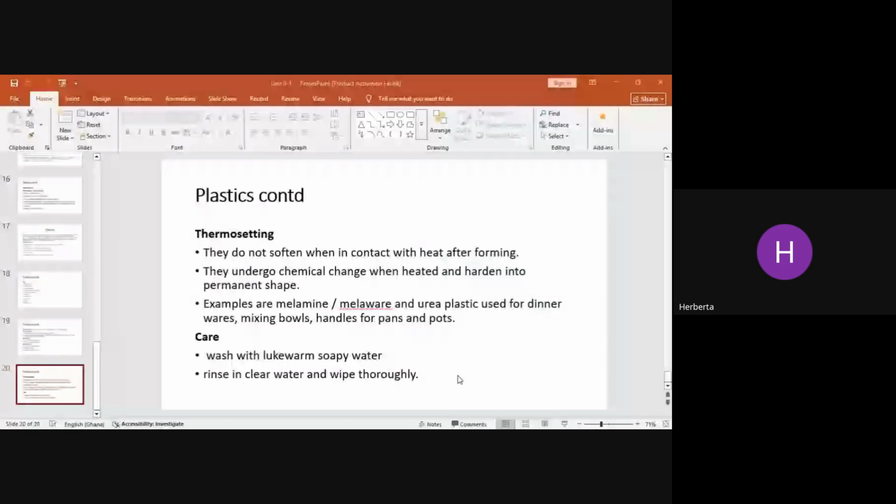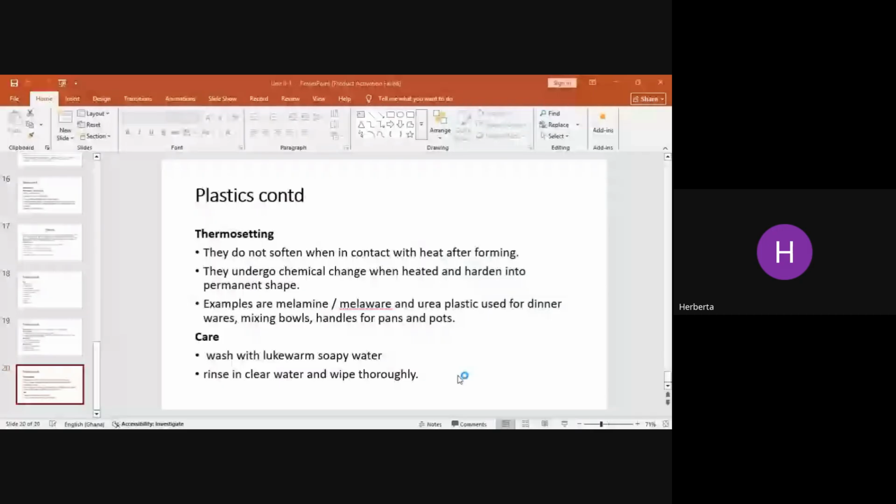If you want stains to get off from melamine or the thermosetting plastic, after washing, you don't rinse it thoroughly. Then you place it in the sun. The oxygen in the sun will react with the soap, which is alkaline, in the plastic.